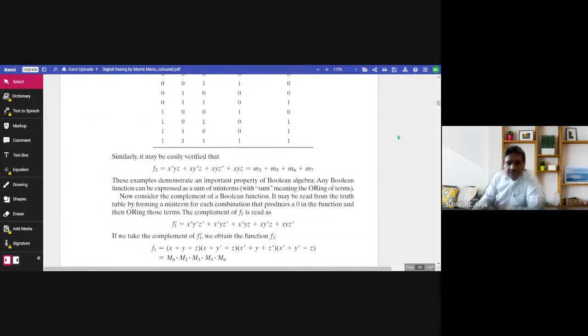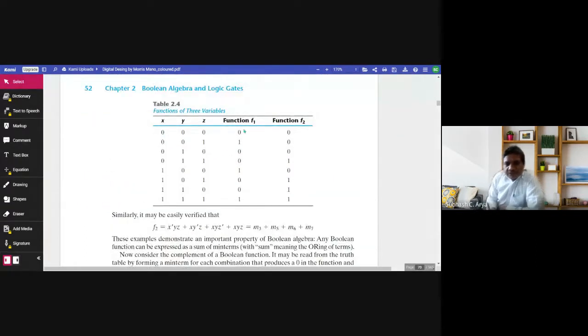Now coming to this table, how to write these functions. Let me take the drawing tool. This is an arbitrary function, but you can formulate any function based on certain logic. This is a three variable input covering all 8 possible combinations, from 0 to 7.